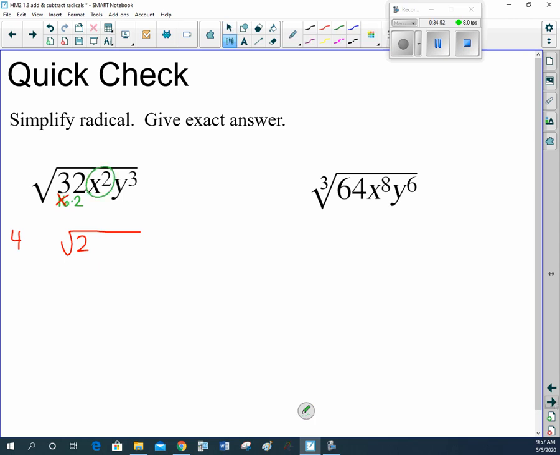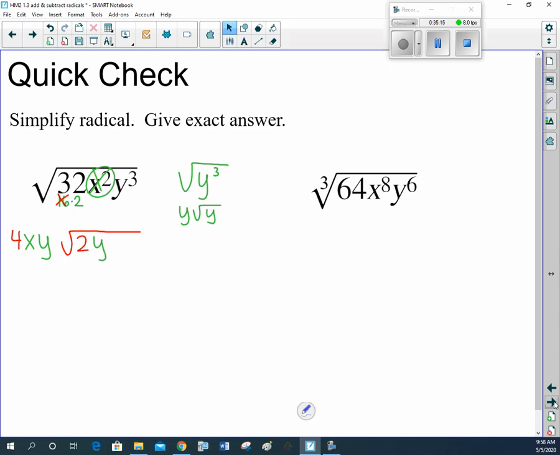What is the square root of x squared? It's just x. Okay, that's taken care of. Okay, what is the square root of y to the third? So what if we just had square root of y to the third by itself? What would that be? That would turn out to be y square root of y. So y comes out and y stays inside. So that's our answer.